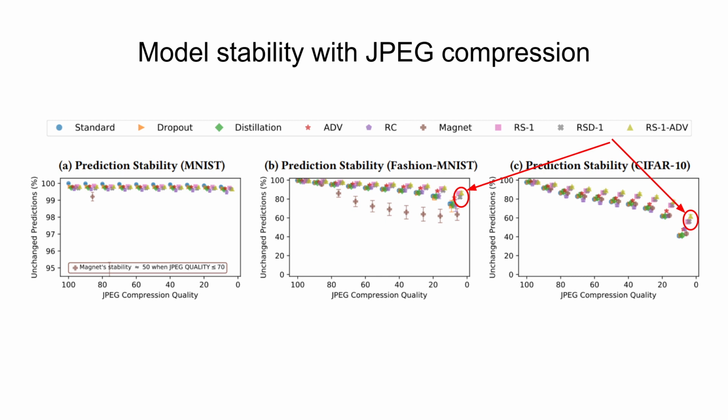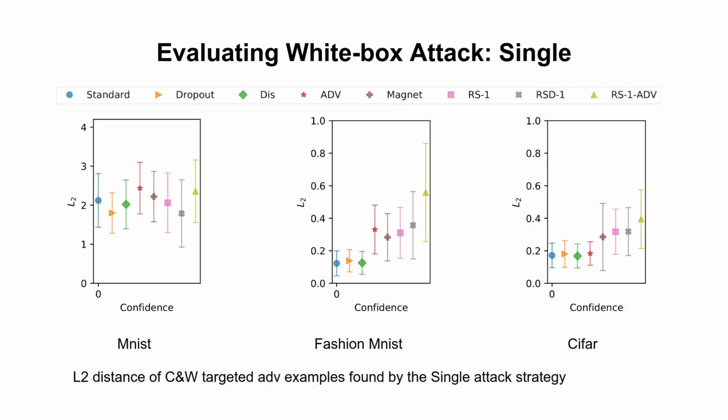Even if the compression rate is extremely high, random spiking still gives relatively high model stability.